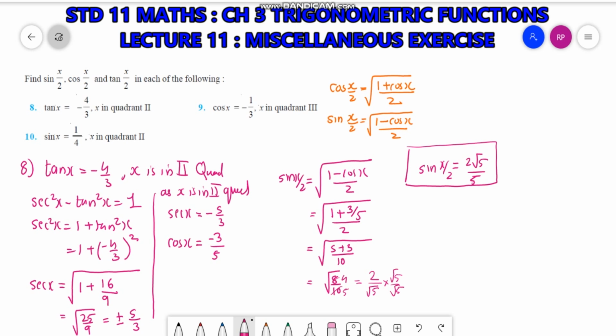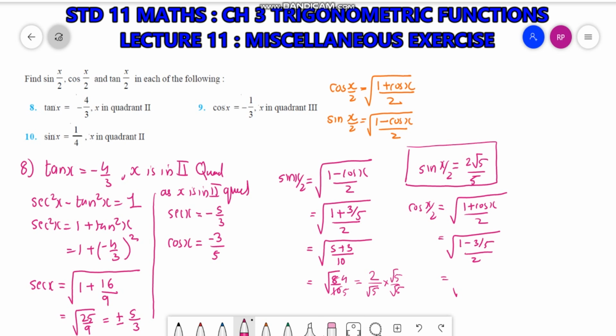This is the value of sin x by 2. Okay, now cos x by 2 will be equal to the root of (1 plus cos x) upon 2. So this will be the root of 1 minus 3 by 5 upon 2.